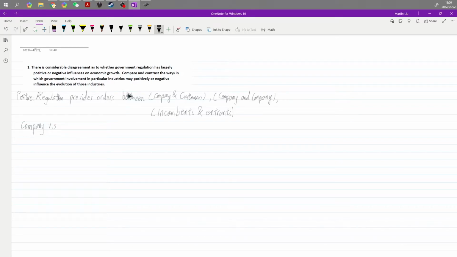Company versus customers: protect the fair payoff share between consumers and the company.